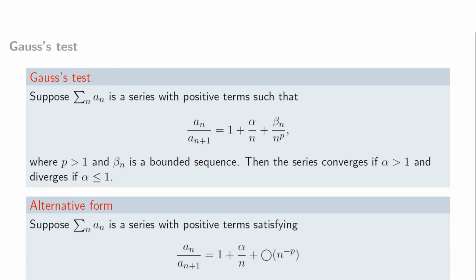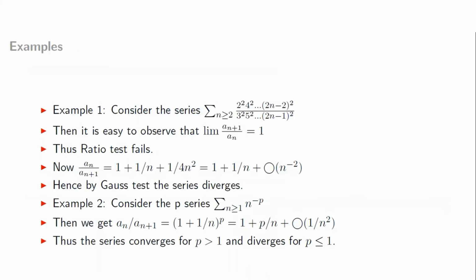Then, as earlier, the series converges if alpha greater than 1 and diverges if alpha less than or equal to 1. Naturally, the criteria can be written more conveniently using the big O notation.